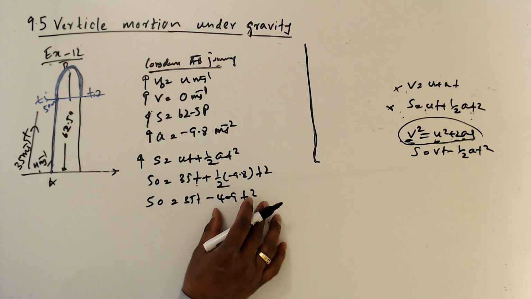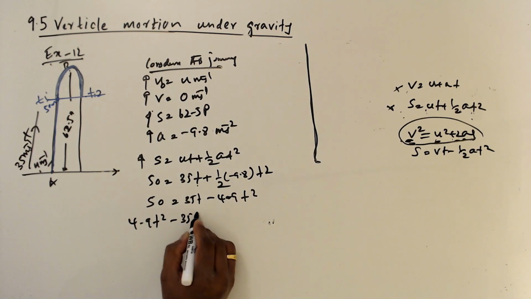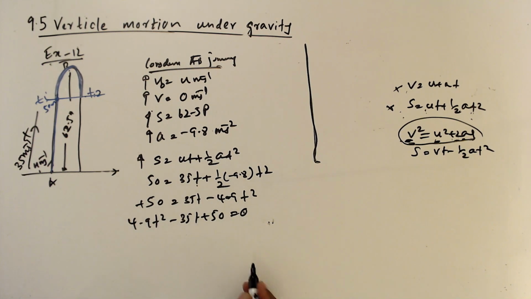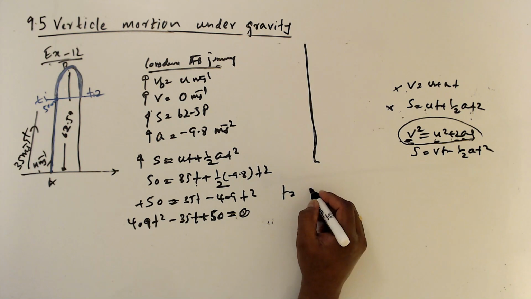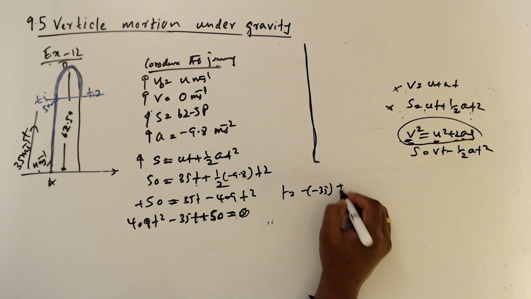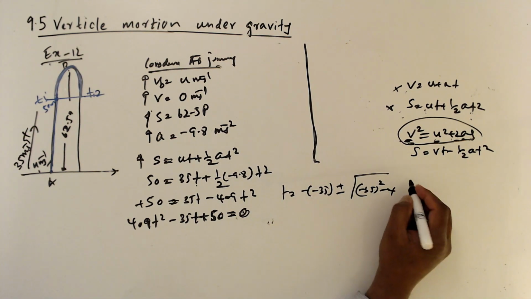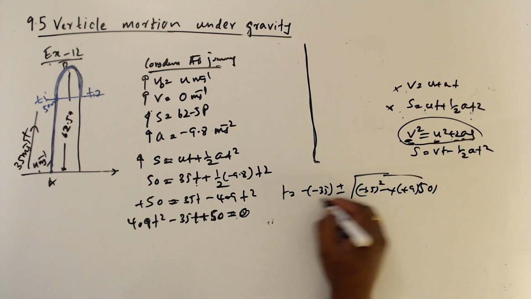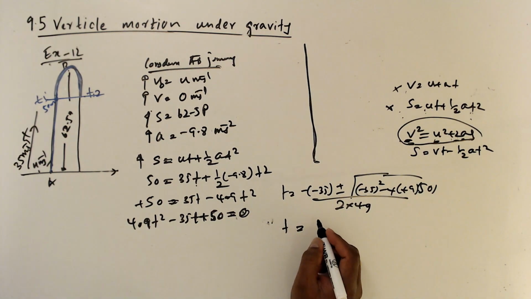I want to make this positive, so I'll bring it to this side: 4.9t square minus 35t plus 50 equals 0. From the quadratic equation, t equals minus b plus or minus the square root of b square minus 4 times a times c, divided by 2 times 4.9. Then you will get the t values.